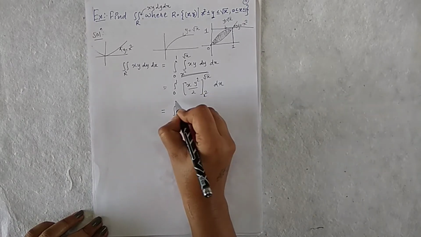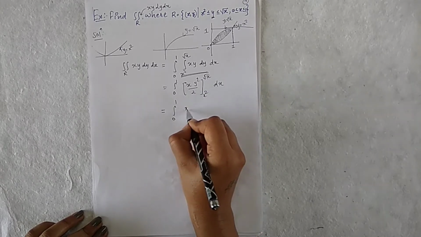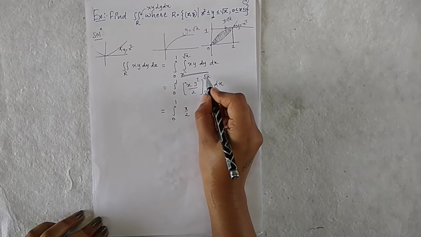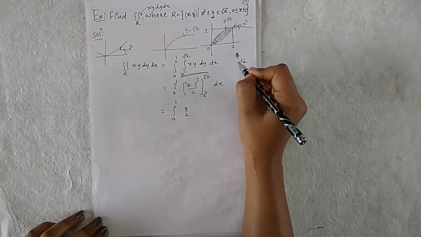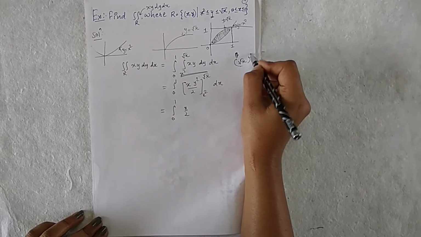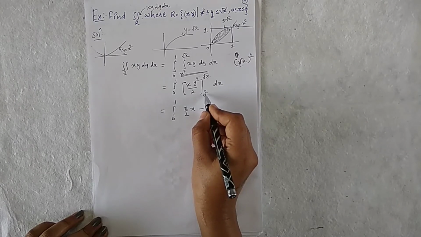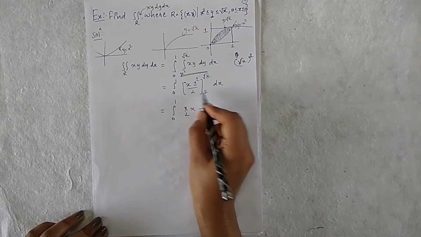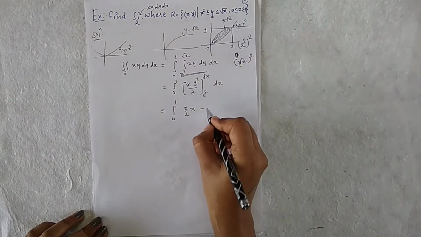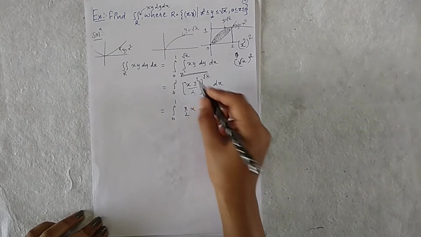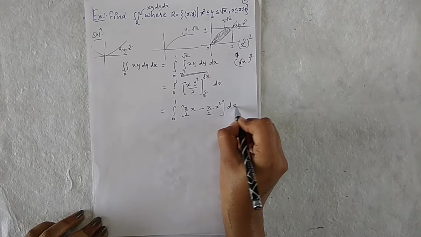Integration from 0 to 1: put y equal to square root of x first, so x by 2, and the square and square root cancel, giving only x, minus, next put y equal to x square, so x square squared is x raised to 4, with x by 2 as it is, dx.